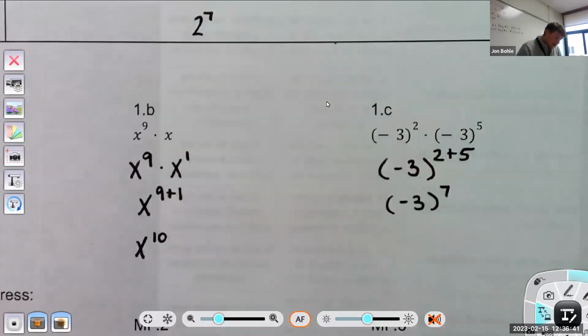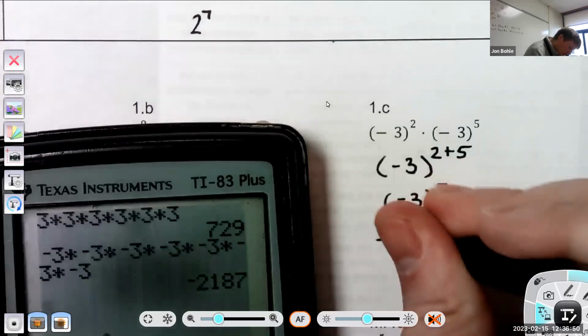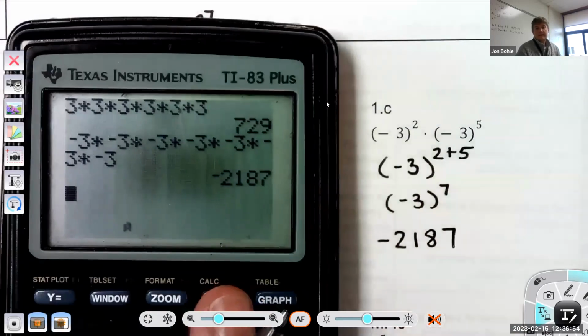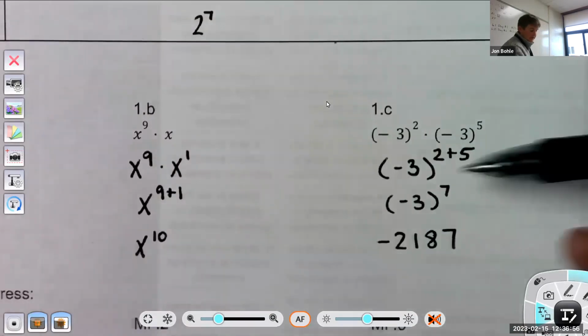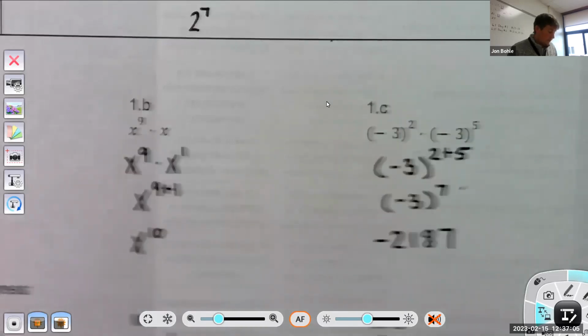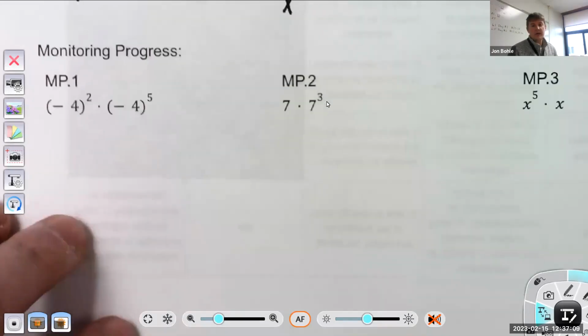Okay, and this is -3 times 1, 2, 3, 4, 5, 6, 7. Negative 2187 is my answer there. Okay, and again, I would need to see this and this. Okay. What I would suggest you to do is pause the video and then go ahead and try the 3 monitoring progress problems right below, monitoring progress 1, 2, and 3.